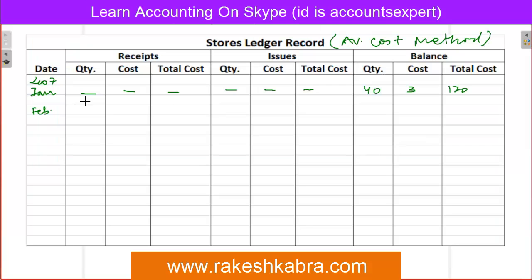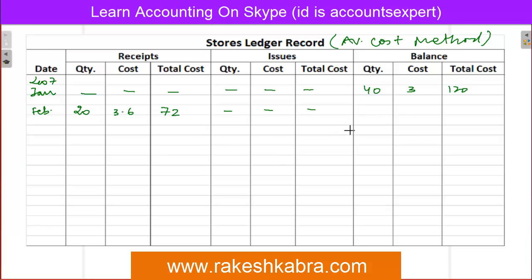So I will write here that 20 units I brought and the rate is 3.6. So see what will be the value. 20 multiplied by 3.6, so it will come 72. And after this receipt there is no issue in the month of February.